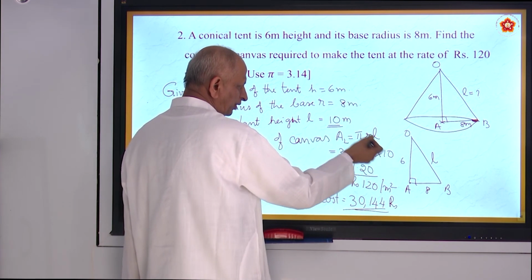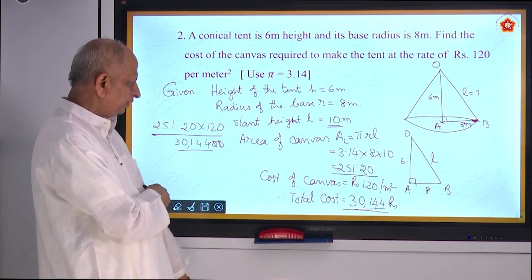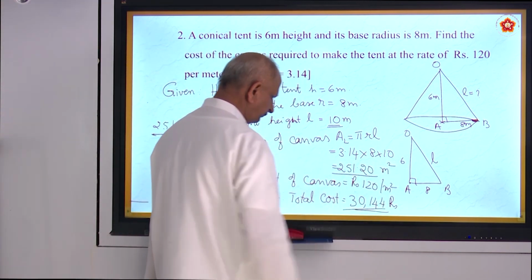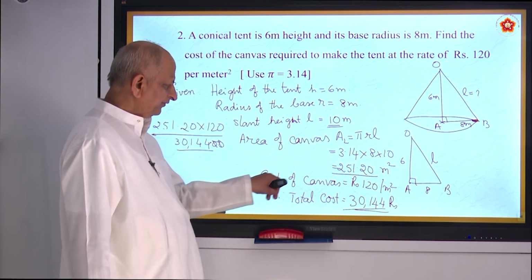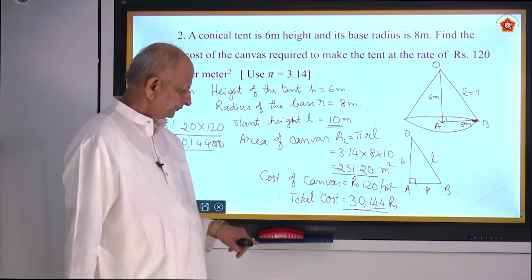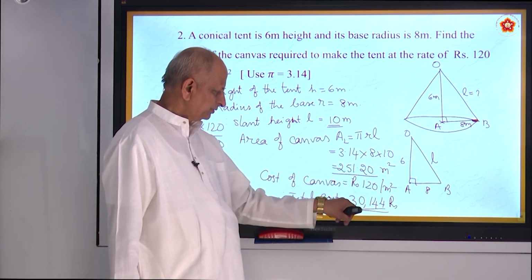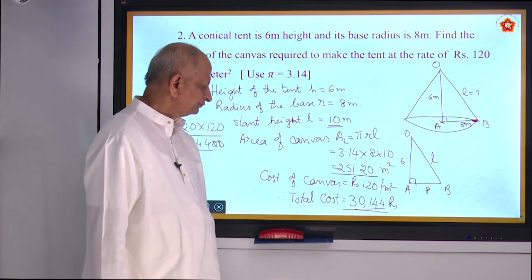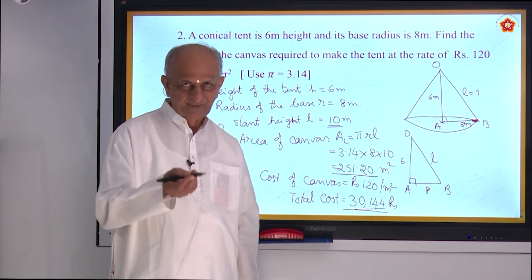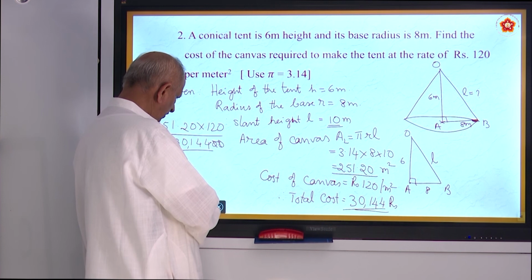L, just now you found out, is 10. Multiply that, you get 251.20 square meters. And you are given that the cost of canvas is 120 rupees per square meter. Therefore, total cost becomes 120 into this much, that will be 30,144 rupees. You can just verify once again. Okay. Shall we move on to the next?